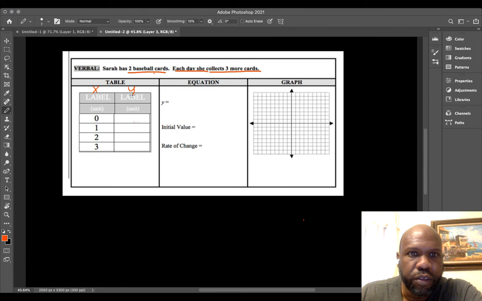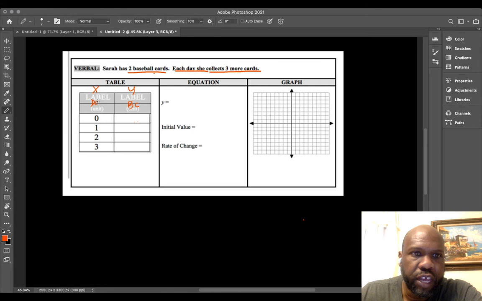The Y value is basically going to be the baseball cards, because at the end, she wants to know how many baseball cards she collected. Now, the X value is the independent one. Each day she collects 3 more cards, so the X value would be the day, the time.